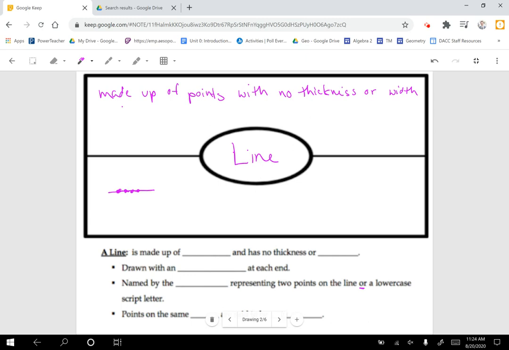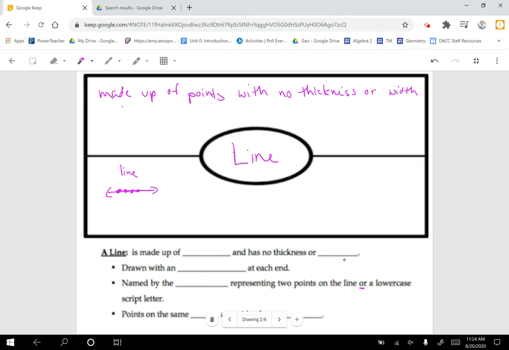So we have a bunch of points on a line. A second thing, a line extends forever and forever and forever. So these arrows mean that this literally does not stop going ever at all. We draw the arrows though, so that we don't have to use multiple notebook pages to draw a simple line. So this is a line.